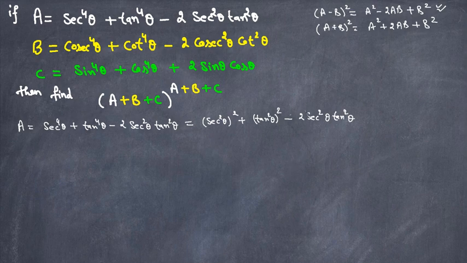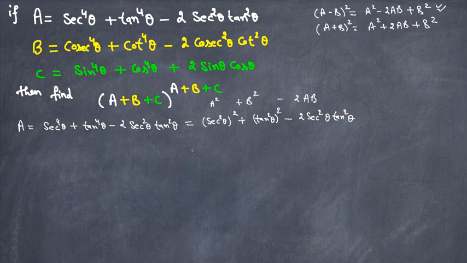See, a square plus b square minus 2 times a, which is secant square theta, times tan square theta, which is b. So this is basically a square plus b square minus 2ab, and this is equal to a minus b square.